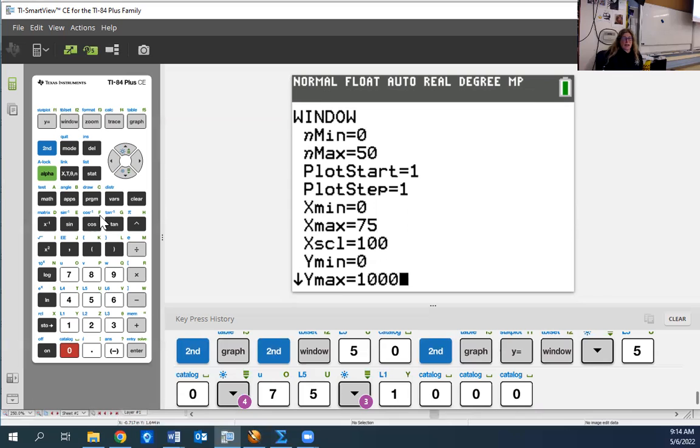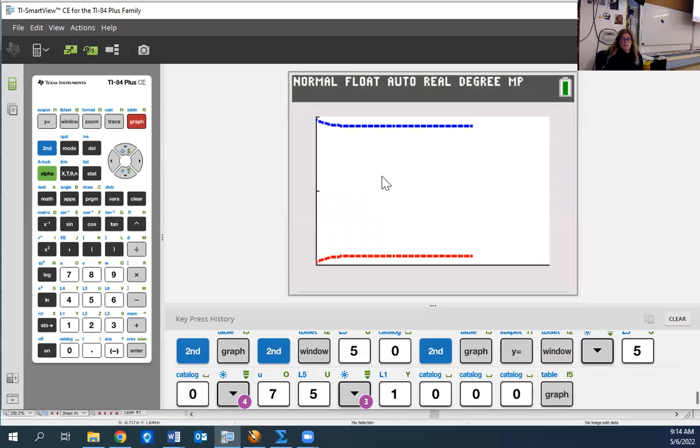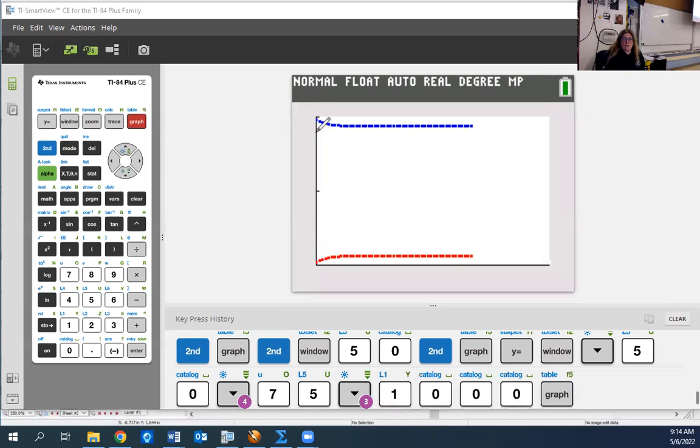Okay, guys, you ready for the magic to happen? You are going to see what these look like graphed. So here, if you notice, you guys, what value do you think this asymptote right here is?